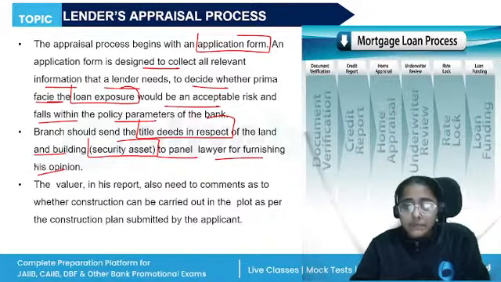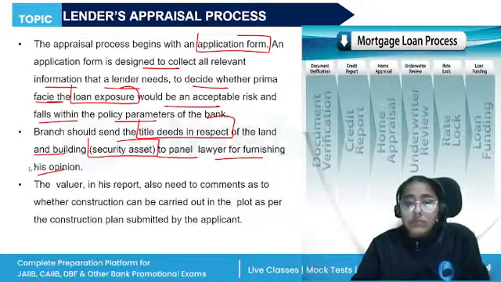So they should process the legal opinion and the branch needs to get convinced that the applicant actually holds clear, absolute and marketable title on the property that they have provided as security, because for a home loan, the mortgage will be created. Then the valuation report on the property will be created. The land needs to be valued by the bank approved valuer.